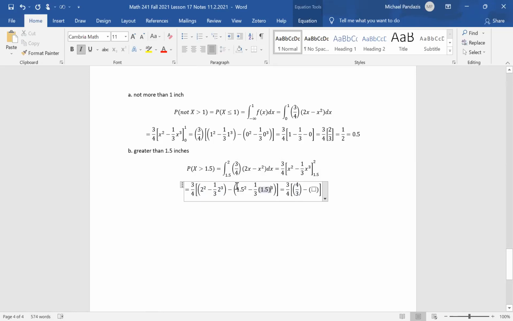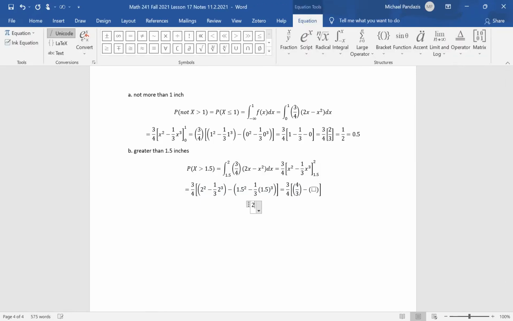You have 3/2 squared, which is 9/4. 9/4 minus 1/3 times 3/2 cubed. 3/2 cubed is 27/8 times 1/3 is 27/24. So the expression we have here is 27/24. And we're subtracting from that the first thing, which is 3/2 squared, which is 9/4.